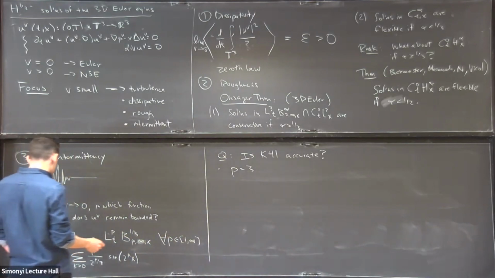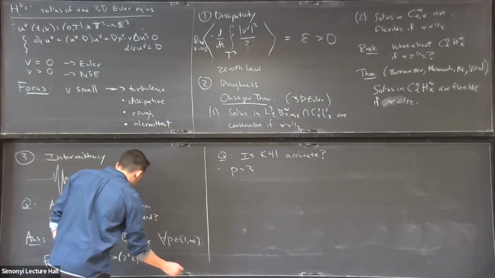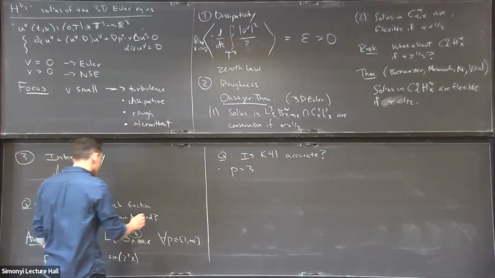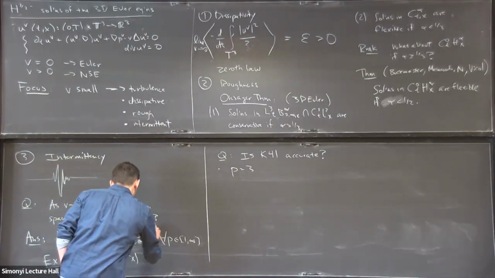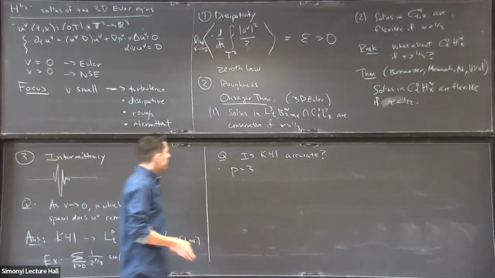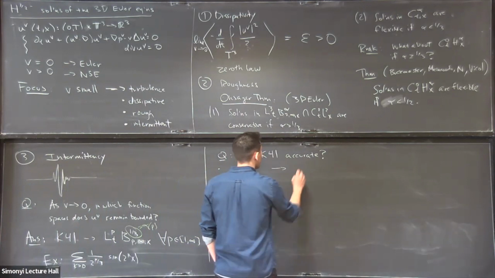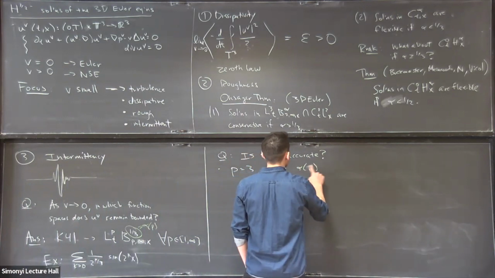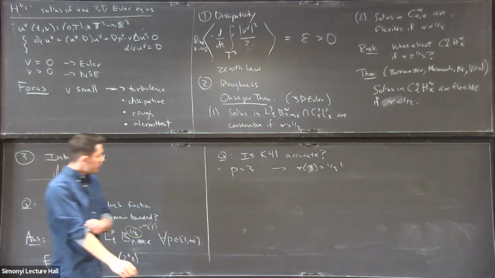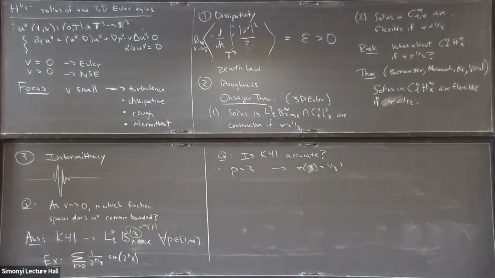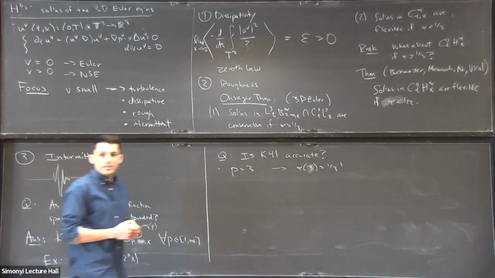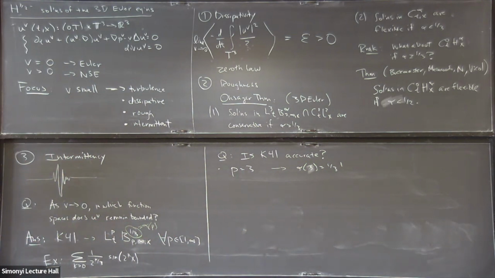So let's call this exponent alpha of P. So Kolmogorov says that alpha of P equals 1/3 for all P. And at P equals 3, what we see is that alpha of 3 is actually 1/3. And in the turbulence literature, this is known as the 4/5 law. And it's one of the few sort of non-trivial exact results that we have.